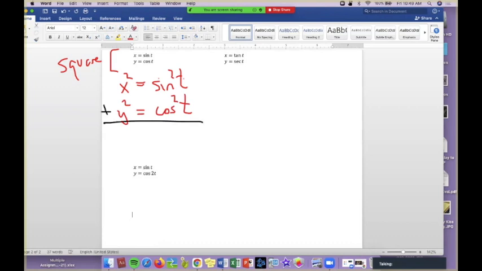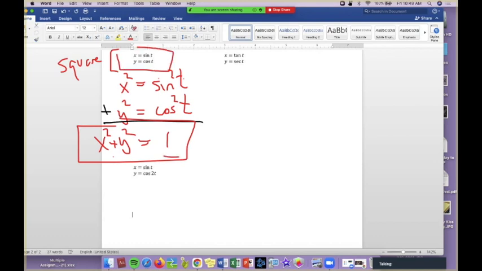And we've got, back to red, x squared plus y squared equals sine squared plus cosine squared, which is 1. And this actually is the equation for a circle. It's at the origin with a radius of 1. So that's the parametric form of the circle, right?